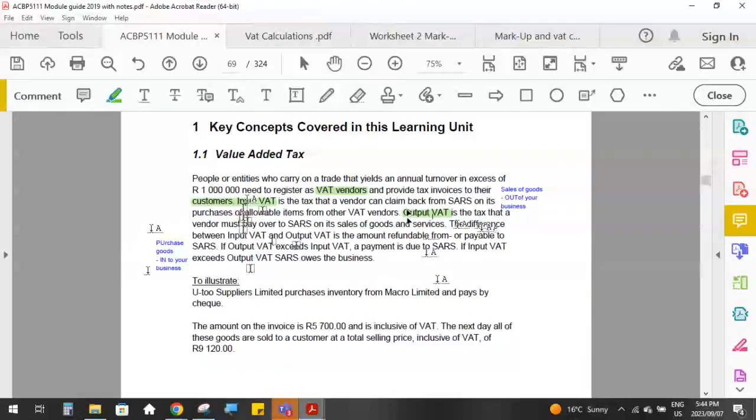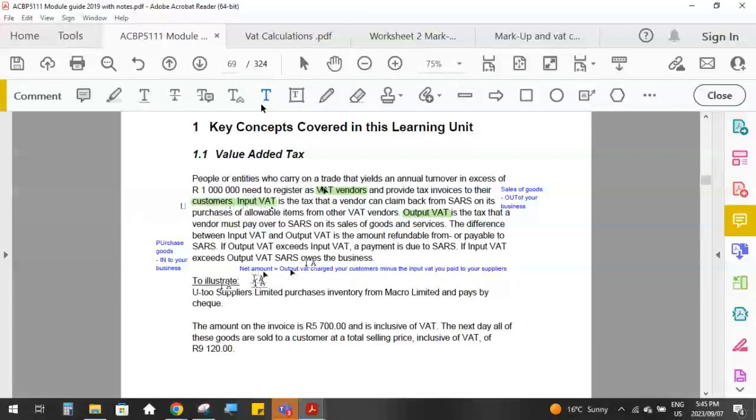So the net amount of VAT that goes to SARS at the end of a VAT period is then all of the output VAT that you charge your customers minus the input VAT that you paid to your suppliers. And then that's the rand value. That net amount is then the rand value of VAT that a business then has to pay into SARS's bank account.